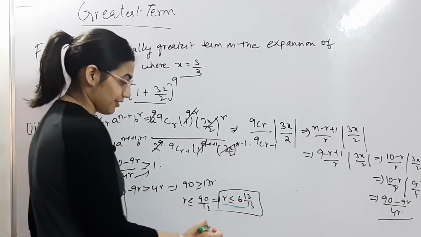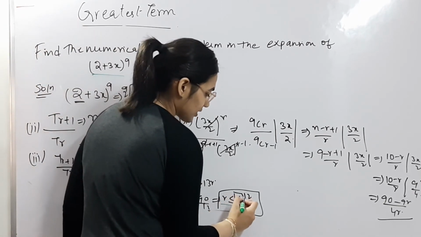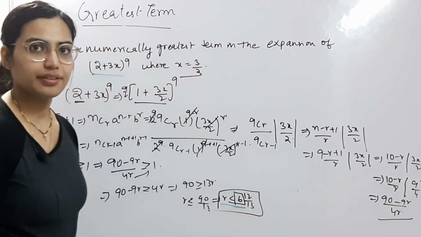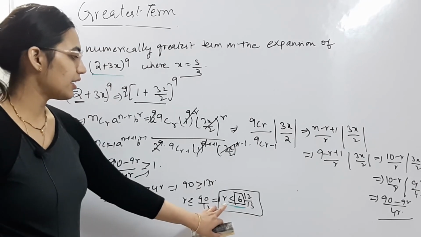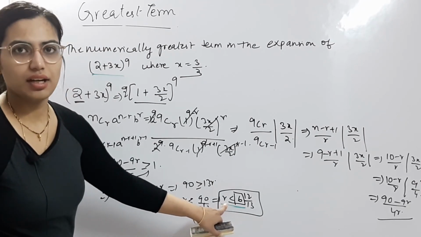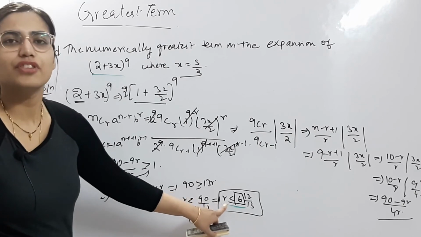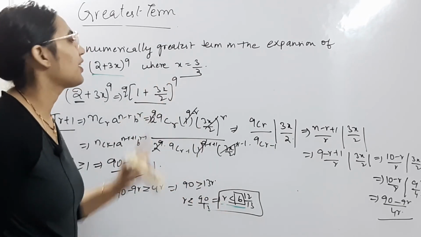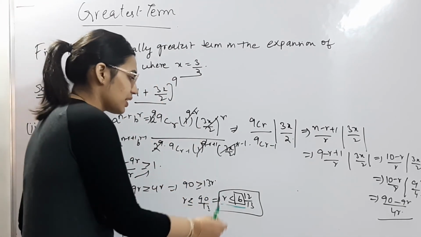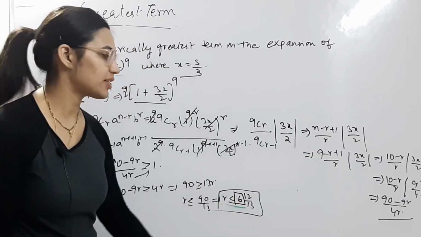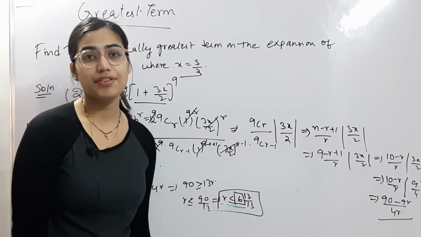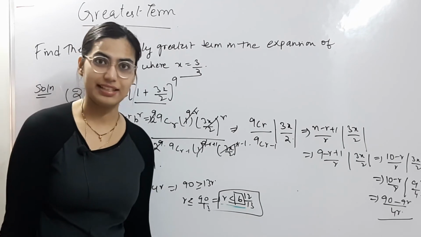If you see here, what is the integral part here? 6. And here it means that we are finding r. So r is nothing but we are trying to find which term is the greatest term in this binomial expansion. And here if you see, we are getting 6 as the integral part and there is a mixed fraction here. We can't have a fraction in order to find the term in the expansion, right?